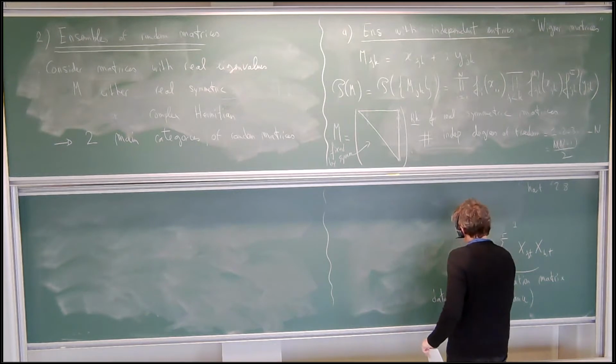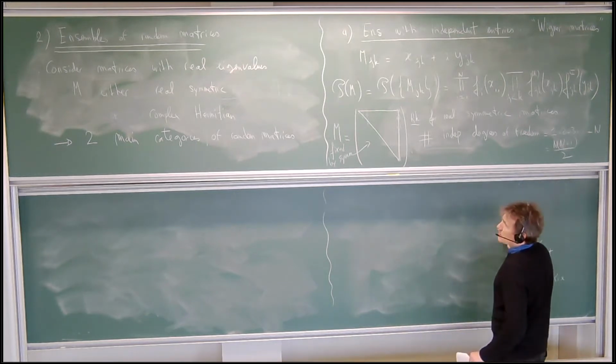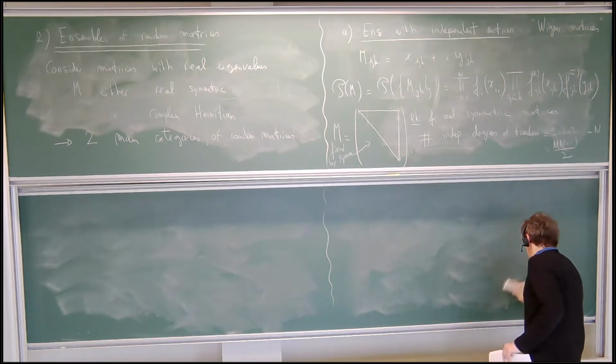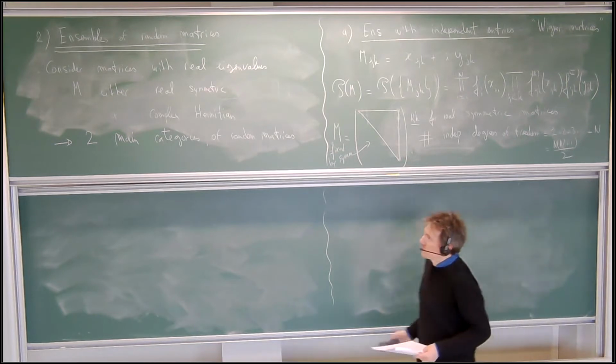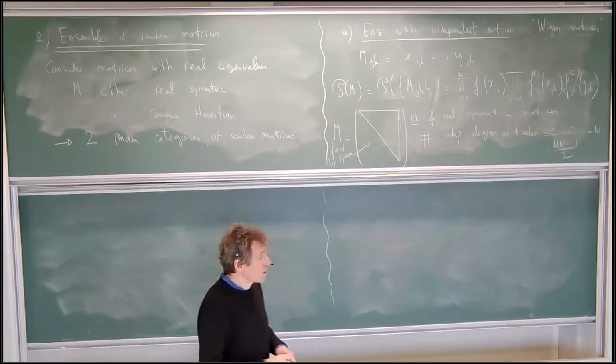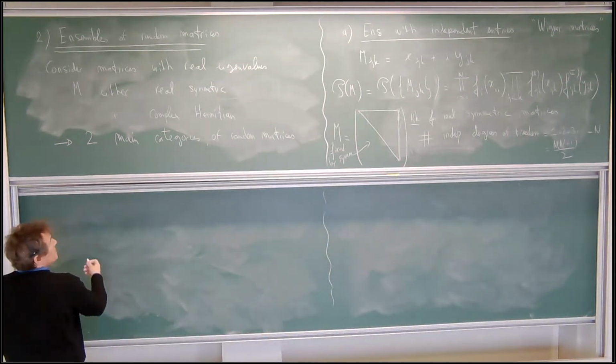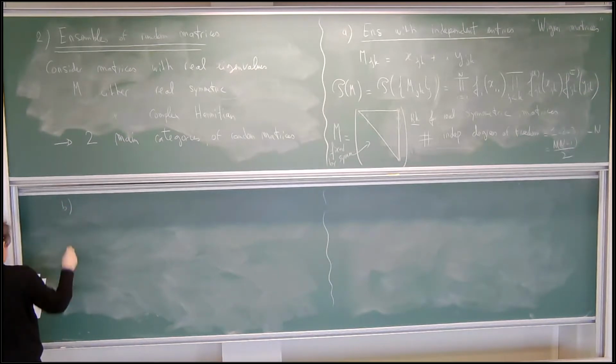So there is a notion of symmetry there, which is slightly different both in the case of real symmetric and complex Hermitian, but let's illustrate it on the case of real symmetric, and you will see immediately how it generalizes to the second case.